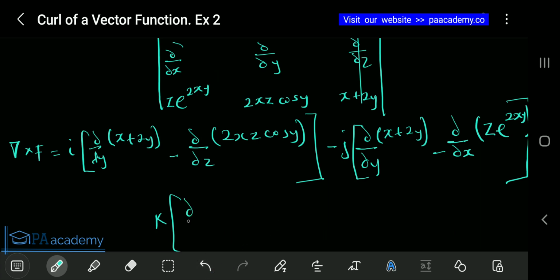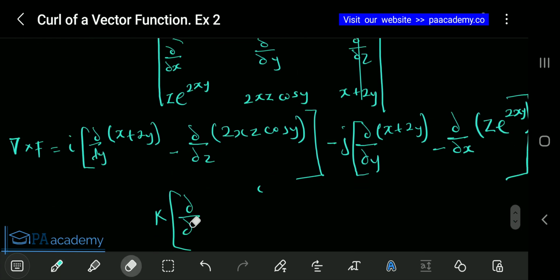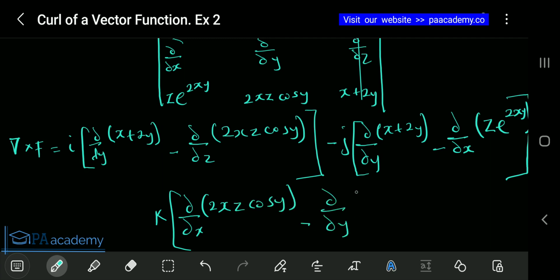So that will be partial differential over y of z exponential 2xy, minus d over dx, multiplied by 2xz cos y, minus d over dy of z exponential 2xy.